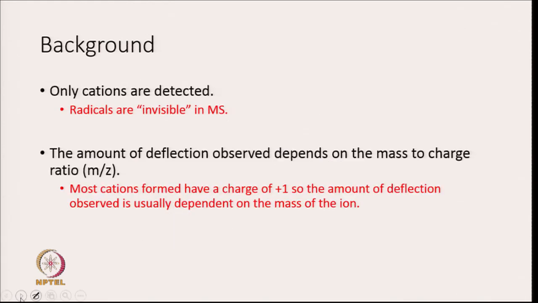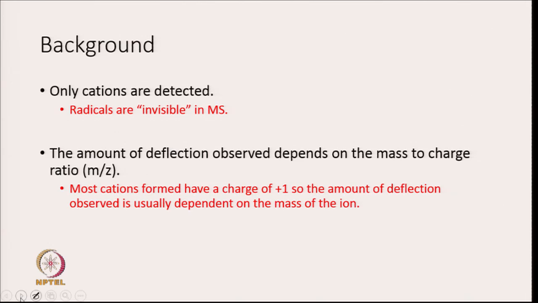So, in a mass spectrometer only cations are detected; radicals are invisible. The amount of deflection observed depends on the mass to charge ratio, m by z ratio. Most cations formed have a charge of +1, so the amount of deflection observed is usually dependent on the mass of the ion.